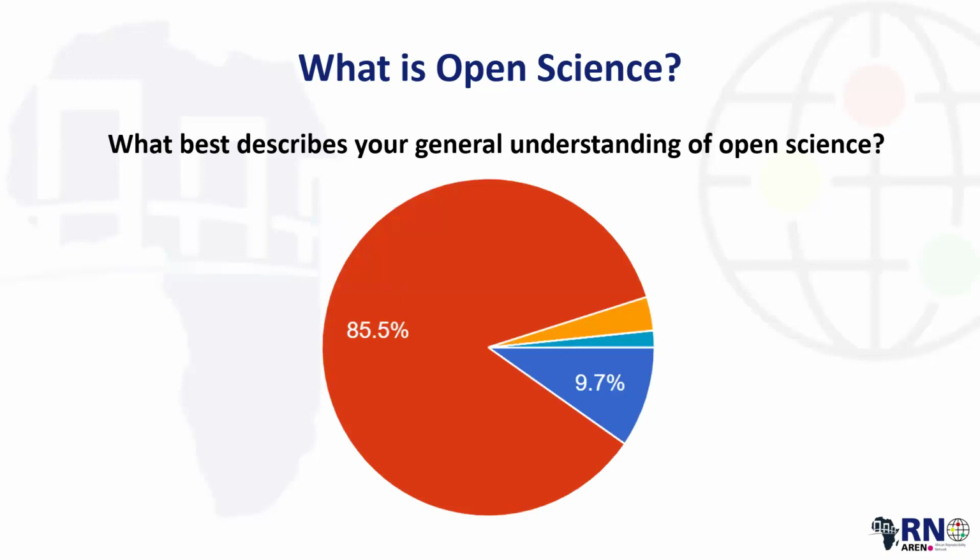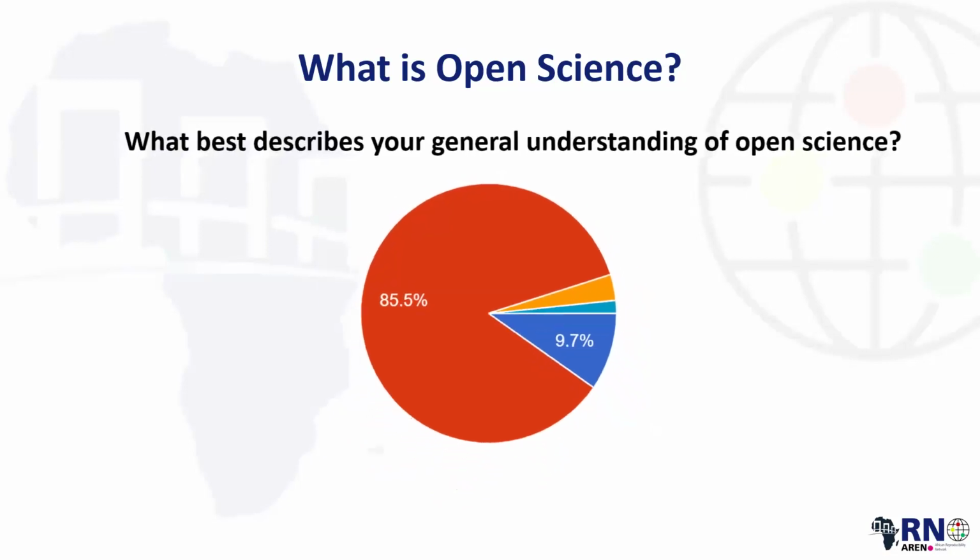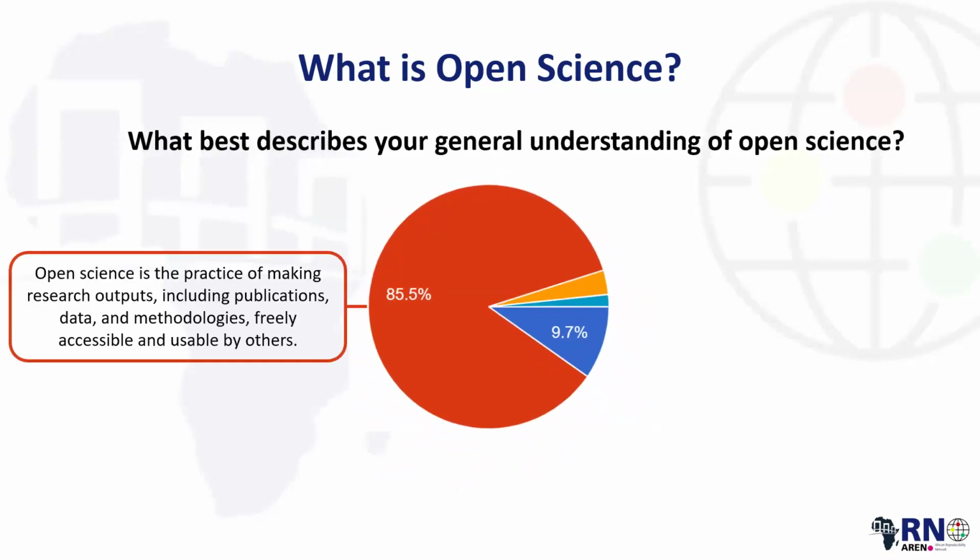So the majority, 85% of you agreed that open science is the practice of making research outputs, including publications, data, and methodologies, freely accessible and usable by others.